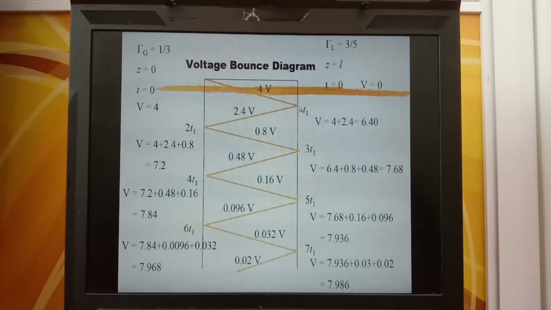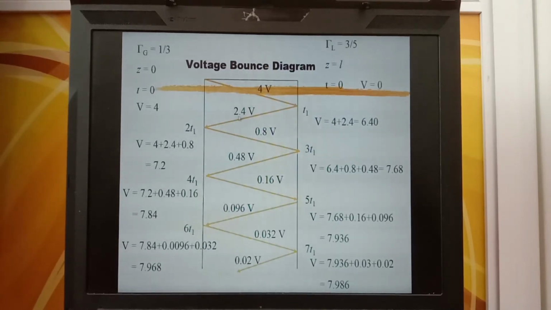So the reflected wave will be 3/5 multiplied with 4, that gives us 2.4 volt. But at the load end, the total voltage is V plus plus V minus. That means we get a voltage of 4 plus 2.4 or 6.4 volt at time t1.